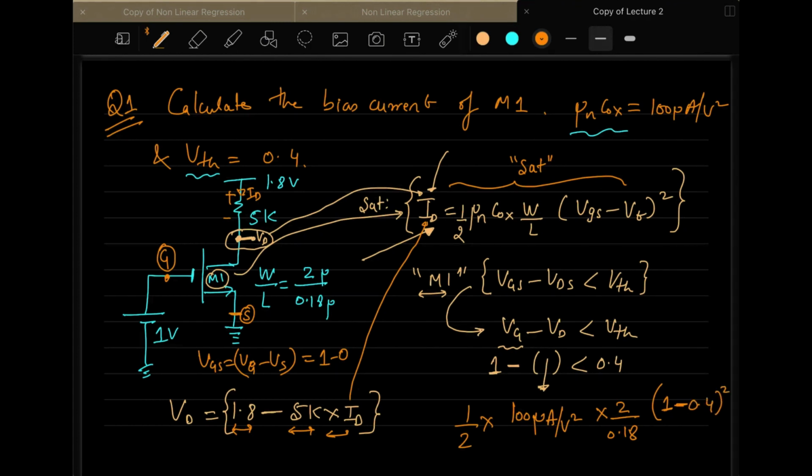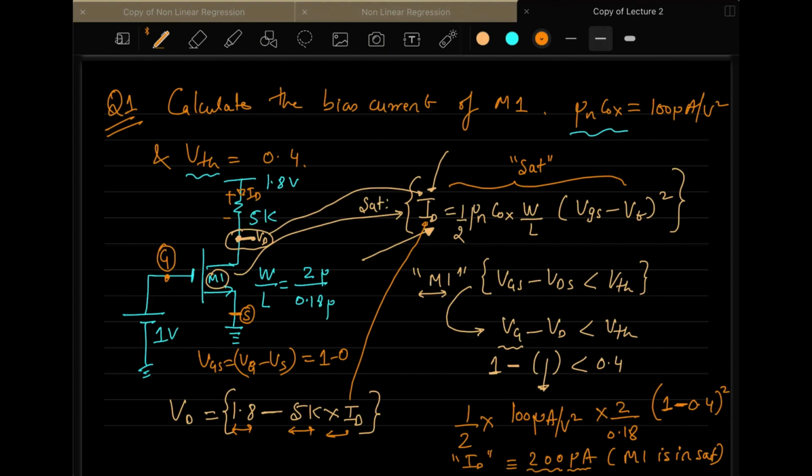If you square it, your answer comes out to be 200 microamperes. So this is your answer ID. So now you have this answer ID as 200 microamperes based on the assumption that the transistor M1 is in saturation.